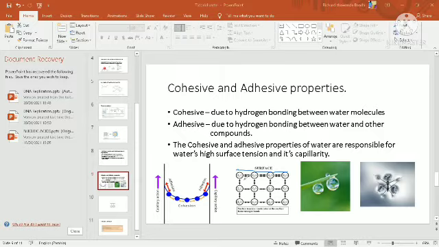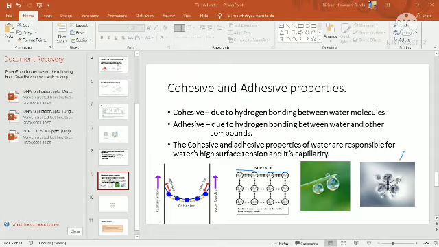So if you apply a force here, these water molecules will resist, they won't break. And that resistance is what is referred to as water's high surface tension. Now, if you look at this image here, you have this insect, the water strider.